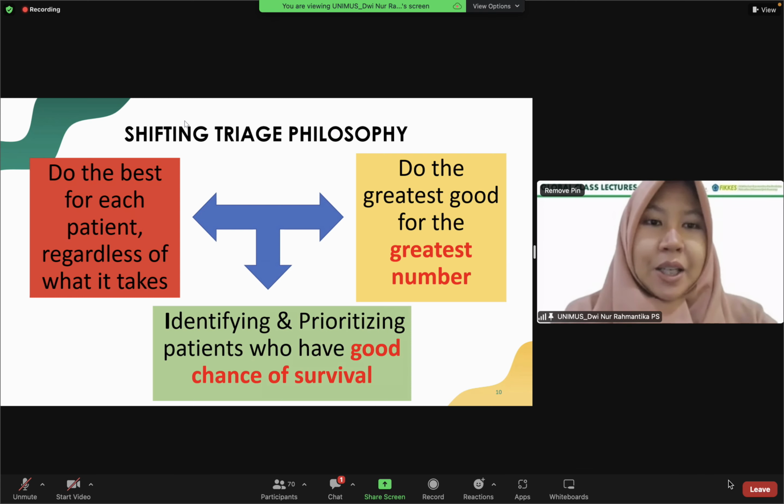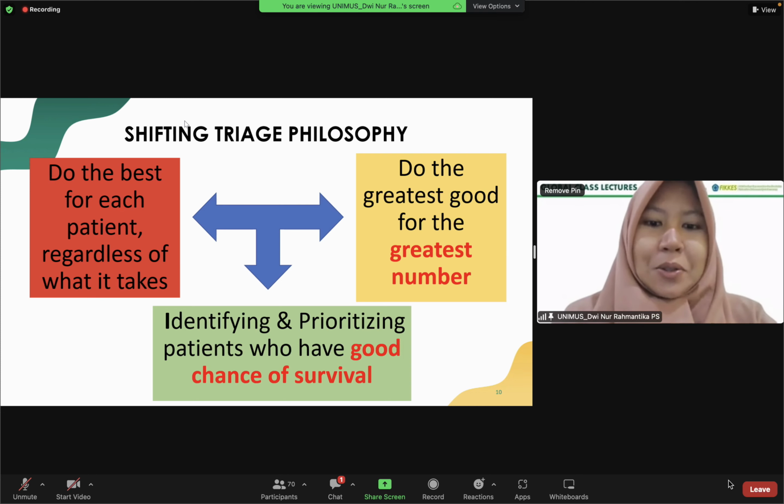So the target for disaster is not only to help the patient, but to get as many patients as possible better by our treatment.